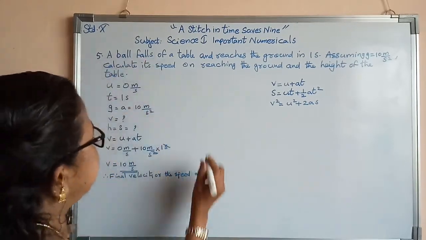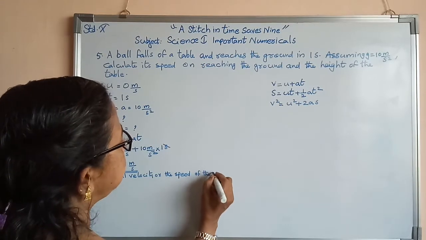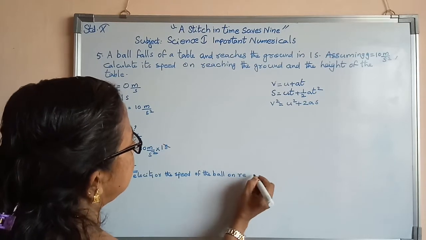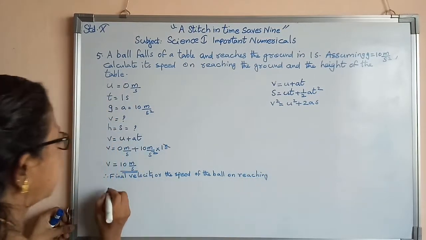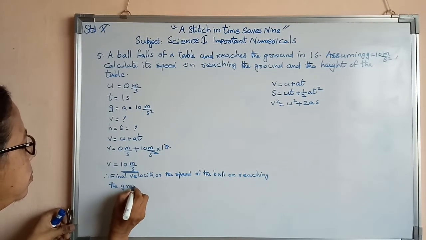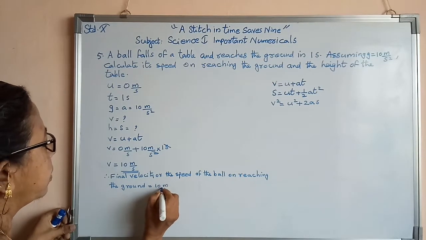Here ball is used, so we can write it as the speed of the ball on reaching the ground is equal to 10 meter per second.